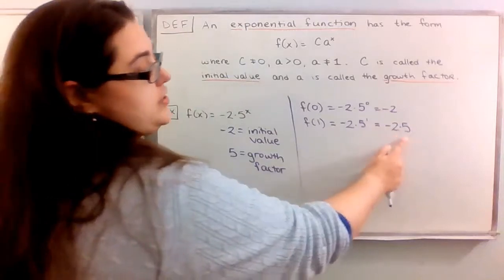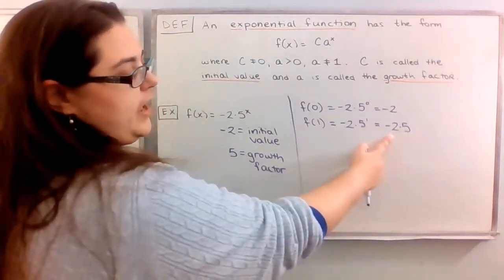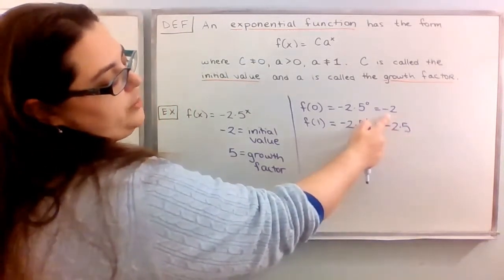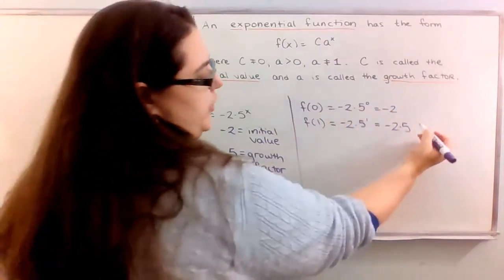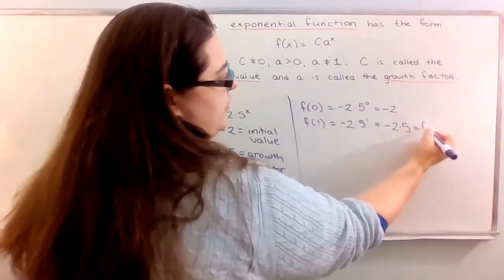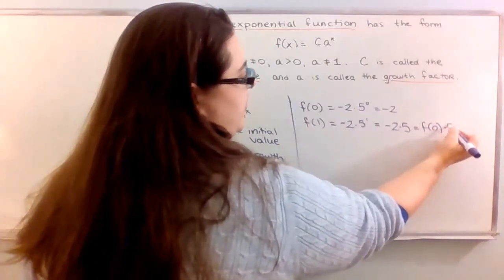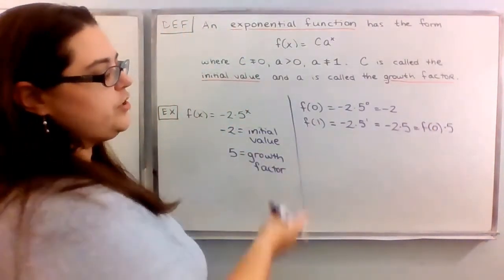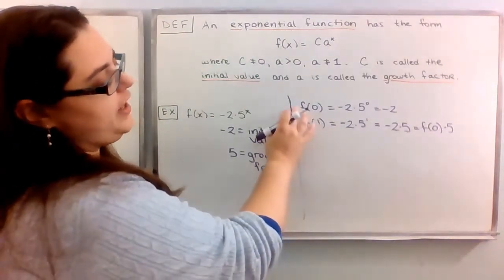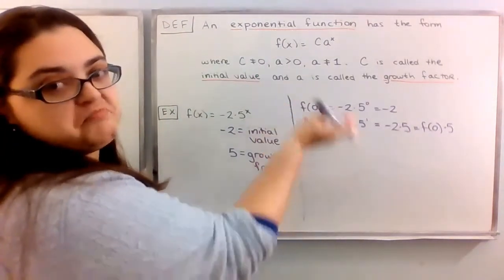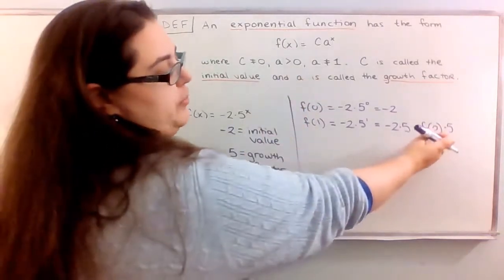Now, if I look at this, I notice that -2 was the answer that we got when we did f of 0. So if I wanted to, I could rewrite this as f of 0 times 5. So if I want to find f of 1, one way I could do that is take f of 0, the previous y value, and multiply it by 5.